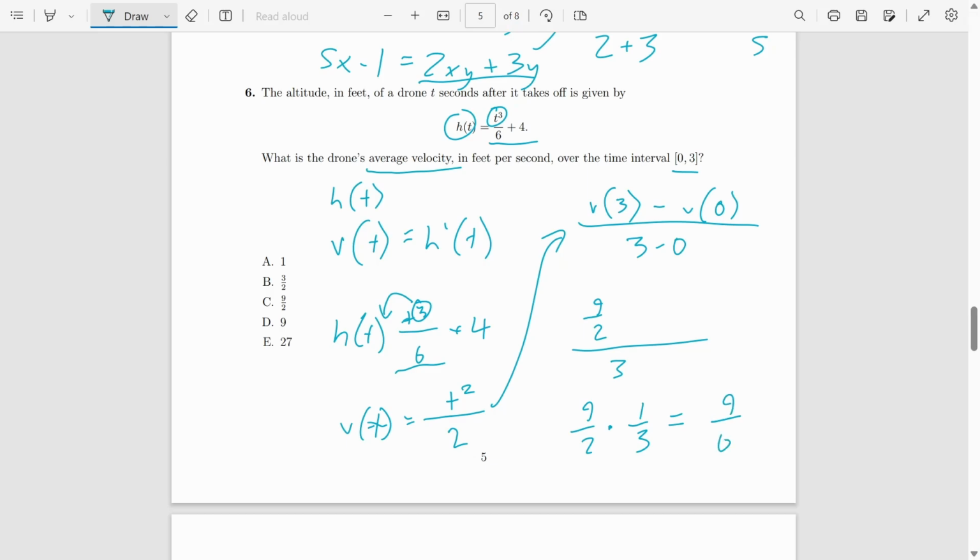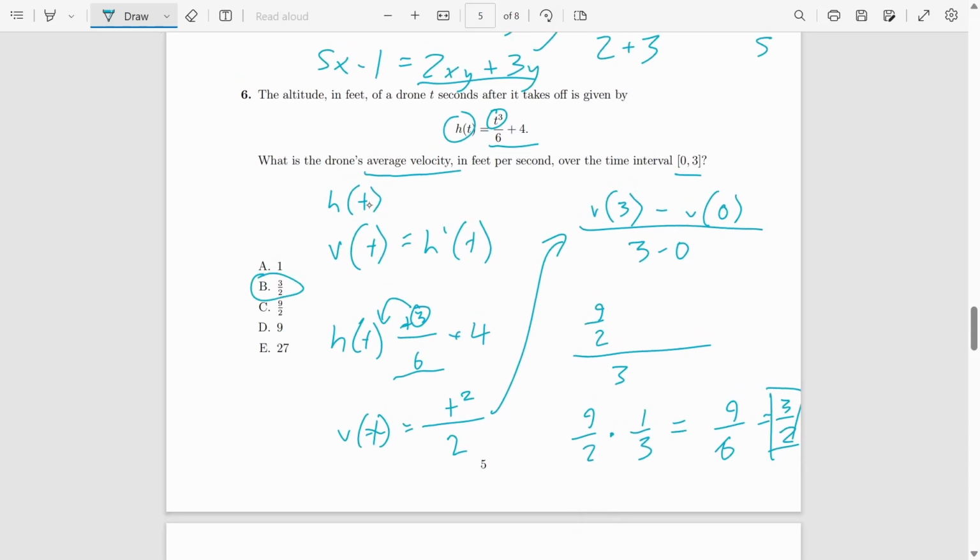That's 9 over 6, which is 3 over 2 when you simplify it. So there you go. The proper way of saying this is the average velocity of the drone over the time interval from 0 seconds to 3 seconds is 3/2 feet per second.